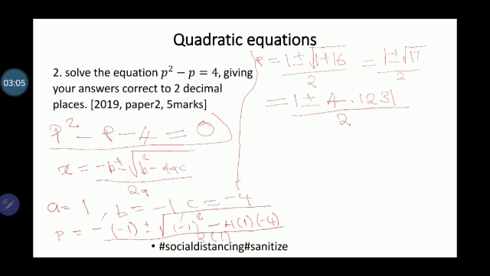So what this means is our p is equal to 1 plus 4.1231 over 2, or 1 minus 4.1231 over 2.